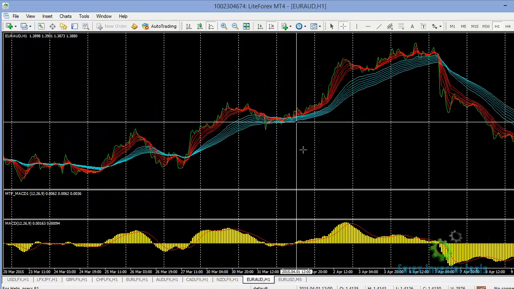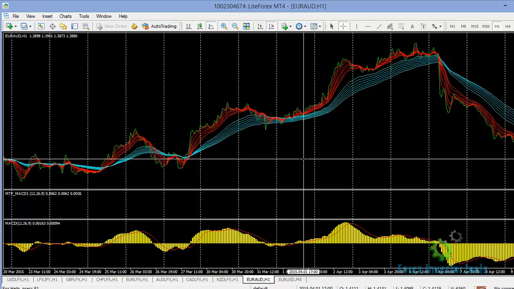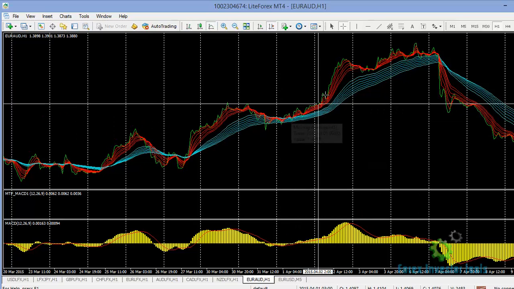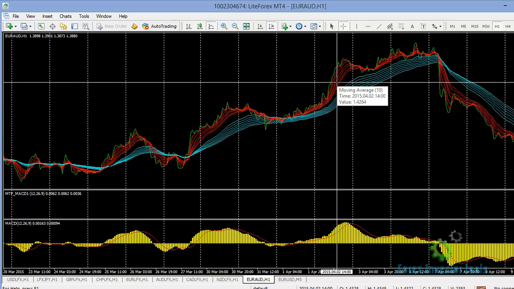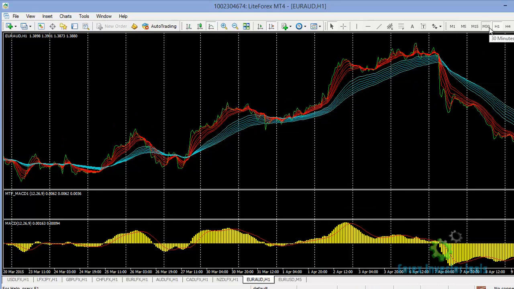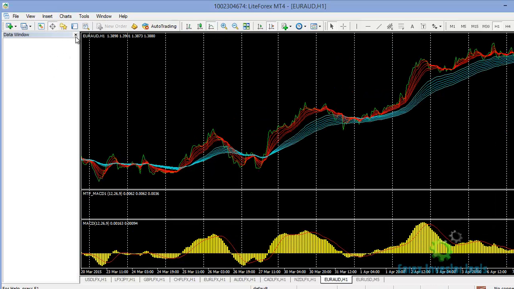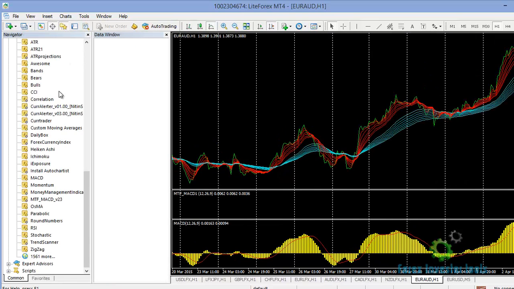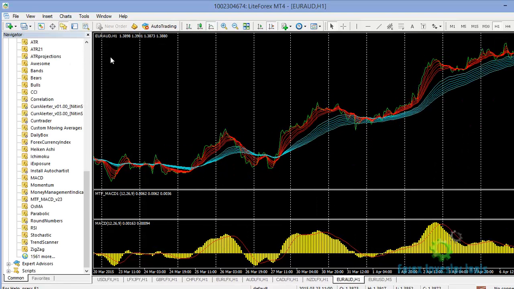So let's say I have Euro AUD, right, and I can see that Euro AUD is in an uptrend. Now for me, what is important is that I will look at the ATR. So I will look at the ATR projection, and then I will, so let me just put that in.